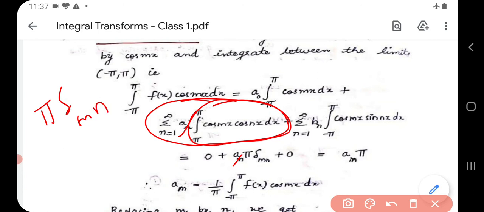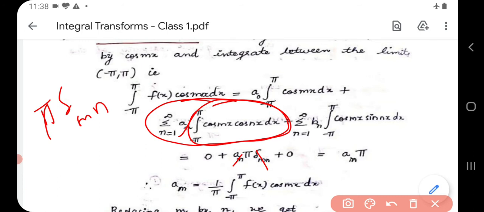Now here we are supposing this delta mn as 1. So delta mn is 1 only when m is equal to n, right? So you take it as 1. So this an will now become am. Why? Because delta mn is 1 only when n is equal to m. So you just replace an as am. Pi is kept as such.